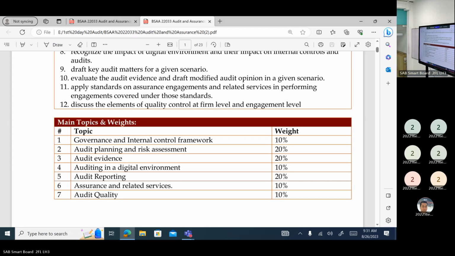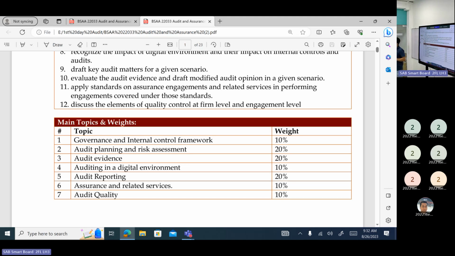In an audit firm, we may have assurance services and non-assurance services.